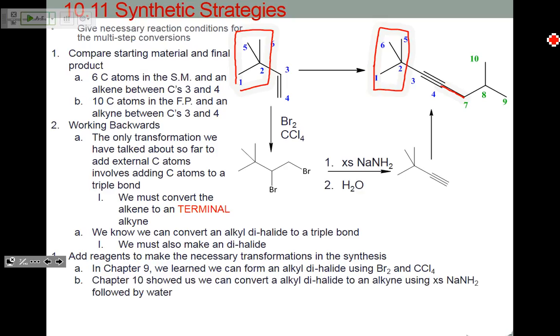So excess NaNH2, followed by water, will form our triple bond. Now once we have our triple bond, we can deprotonate it, making it a strong nucleophile. Then our carbon will have available electrons, and it can react.